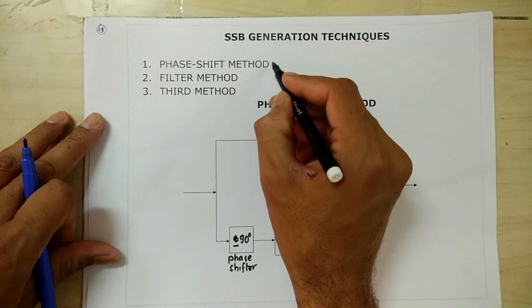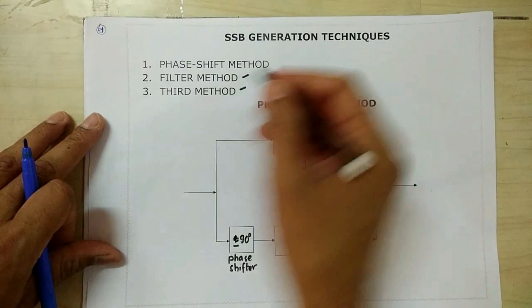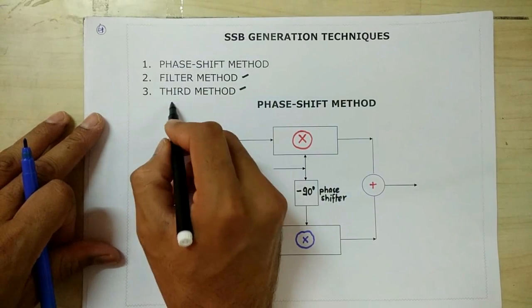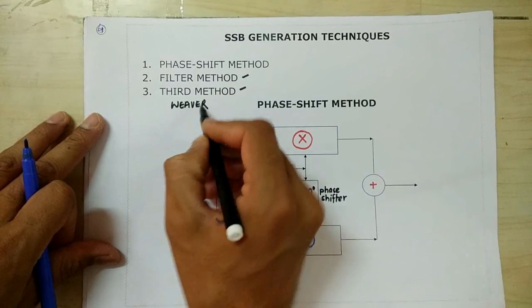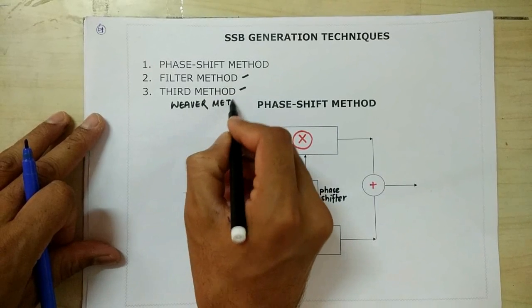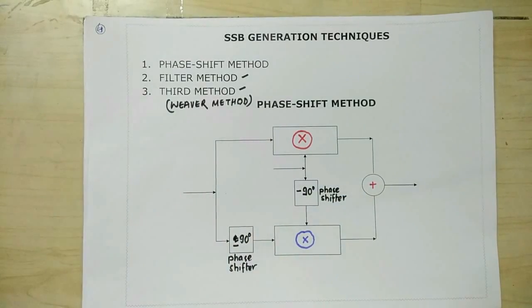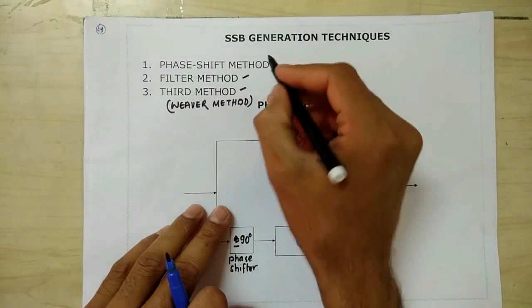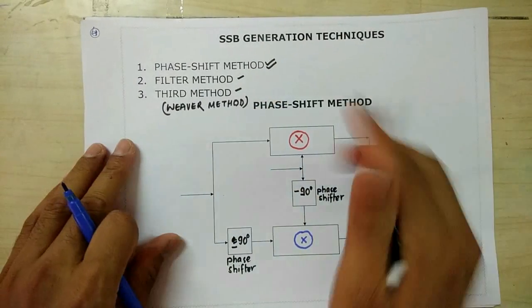One is the phase shift method, second is the filter method, and the third method we also call the Weber method. So in this experiment we are going to use the phase shift method to generate our SSB signal.